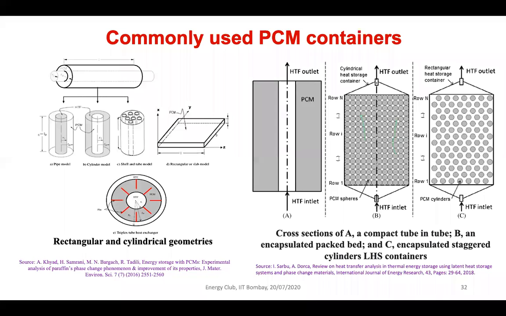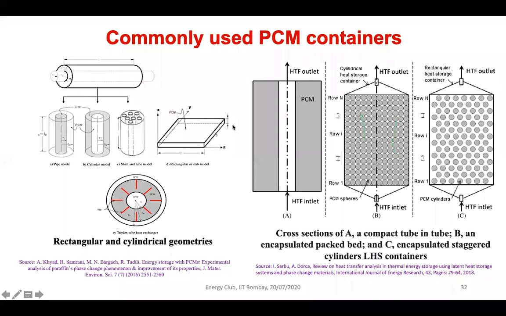One is called the shell and tube based container, which is shown here. The second one is the packed bed type of storage, where earlier I told you that we fill the container using gravel. Here we are not using gravel, rather we are using phase change material, or PCM, which is kept inside a spherical capsule. That is poured inside this container.